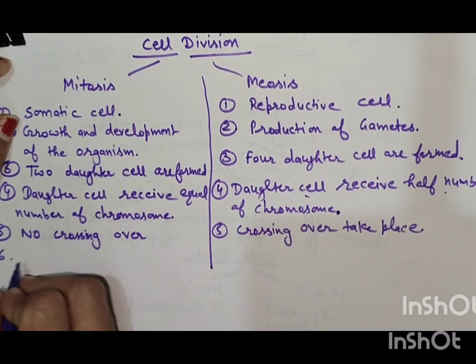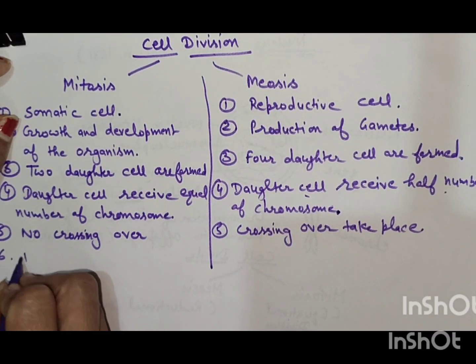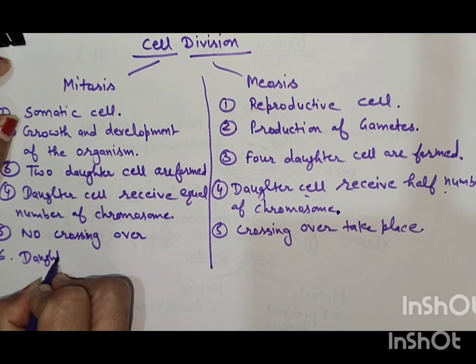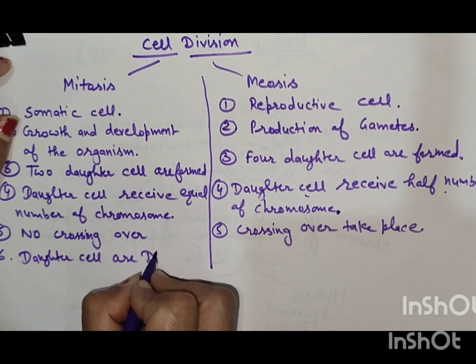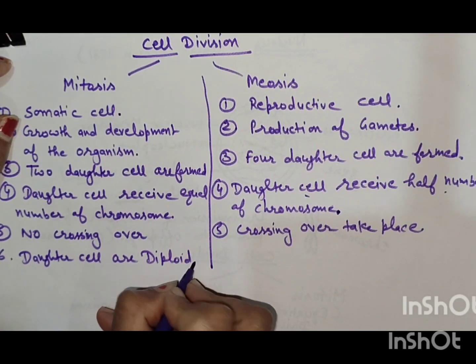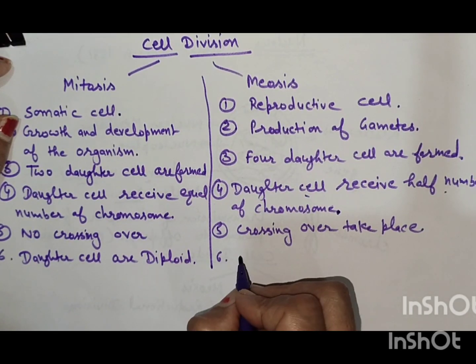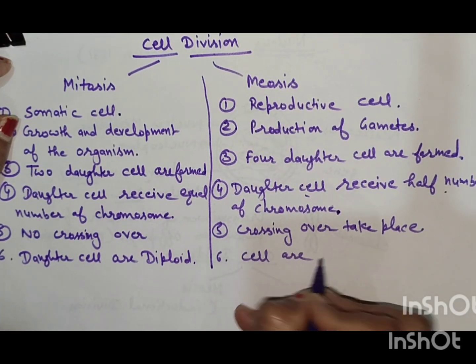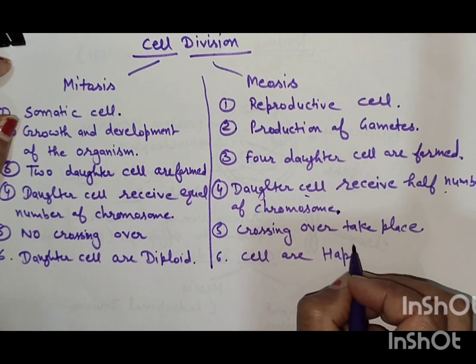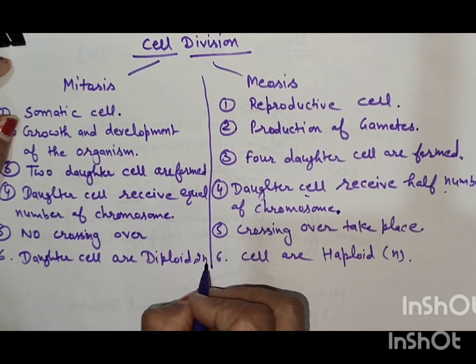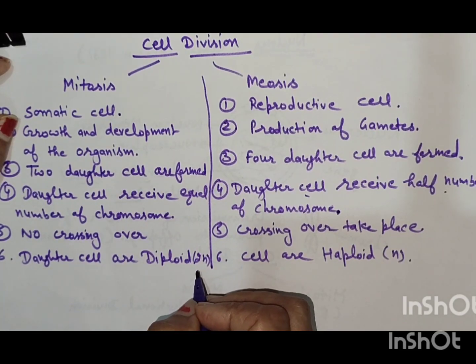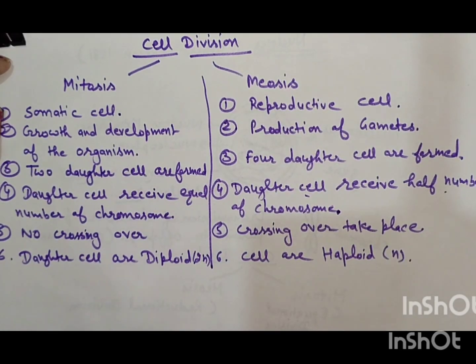In mitosis, daughter cells are diploid, with 2n number of chromosomes, but in meiosis the cells are haploid, with n number of chromosomes, while the parent cell has 2n number of chromosomes.